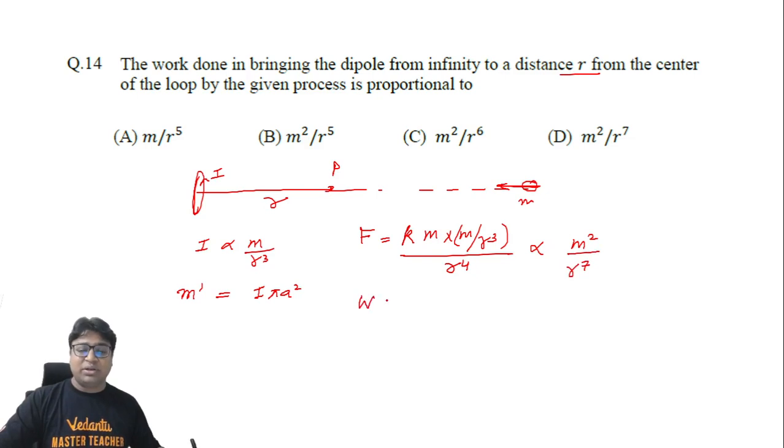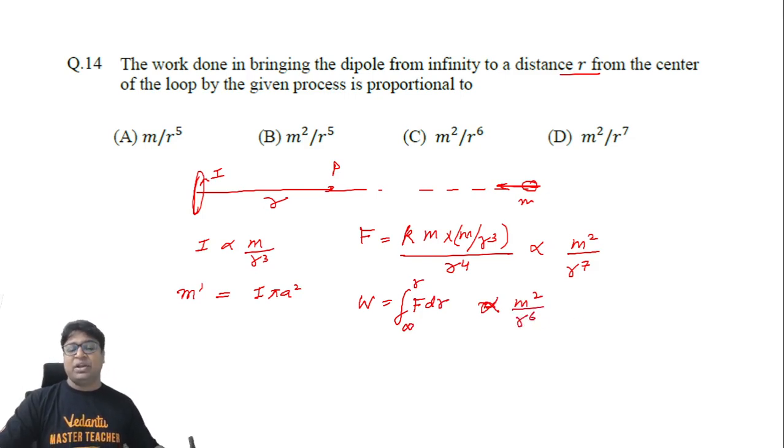Now to calculate the work done, we need to integrate F dr from infinity to r. That will leave us with proportionality of M square divided by r raised to power 6. So option C should be the correct option here. It's a good question.